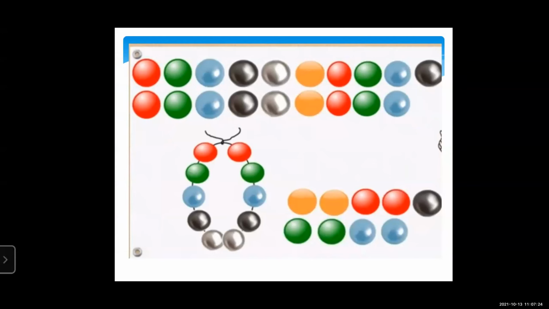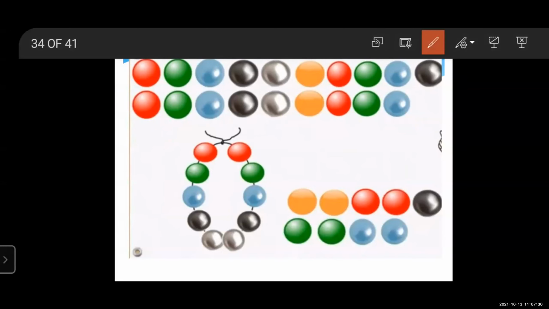Now see the beads. There are 19 beads. When we make the group of 10, this is the 10, and how many beads are separately in units?